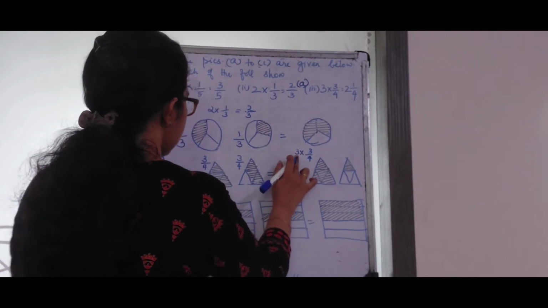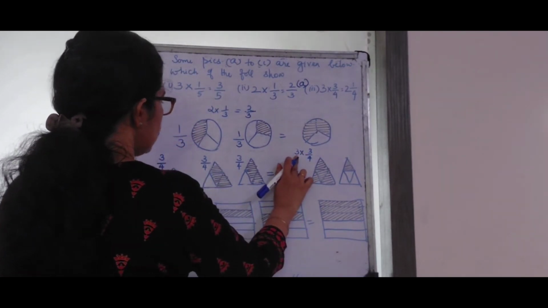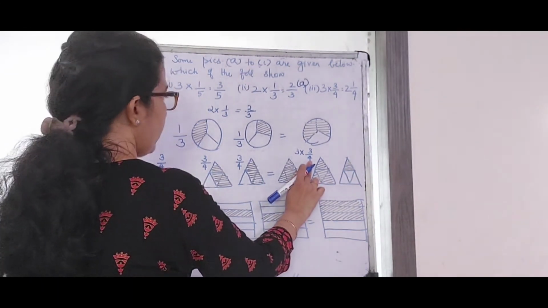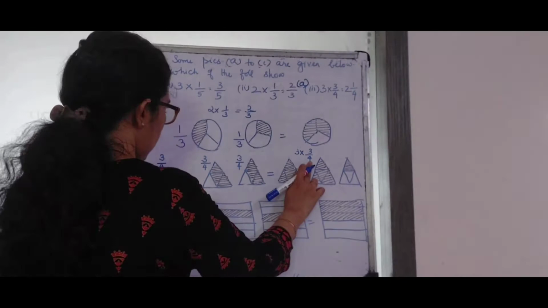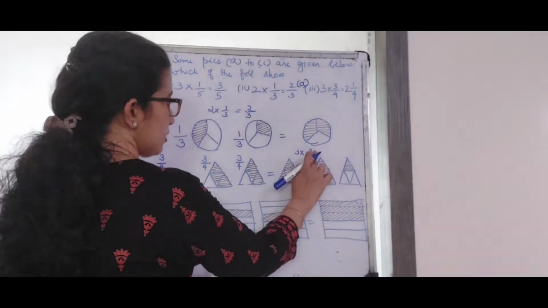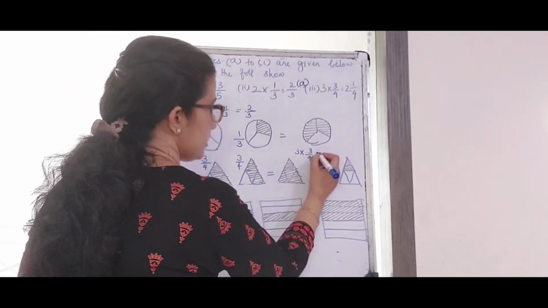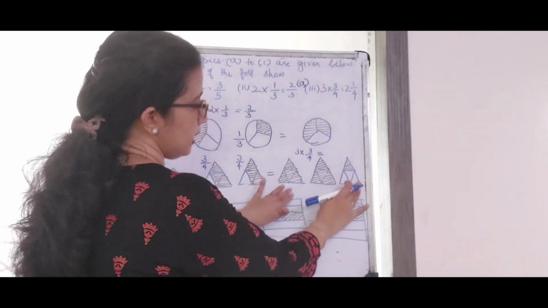Correct? 3 triangles in this side, each divided into 4 parts. So denominator there is a 4 and in each, out of the 4 parts 3 has been shaded. Numerator we have a 3 here, right? So 3 into 3 by 4 is equal to, now come to this side of the equation.